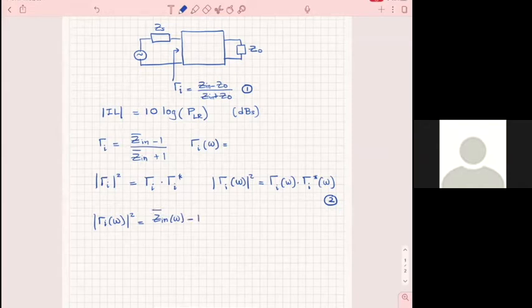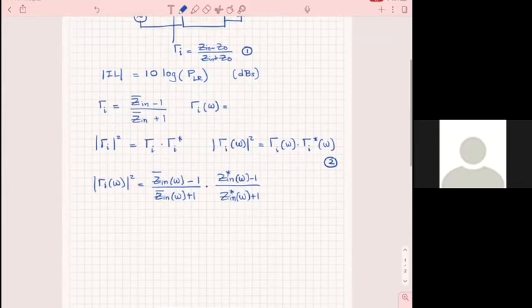So practically it is the normalized. And then Z in of omega plus 1 times Z in complex conjugate of omega minus 1, over Z in complex conjugate of omega plus 1. That's what you have. So all of the complex conjugate at the end goes to the input impedance.